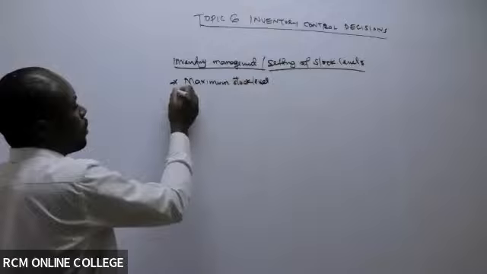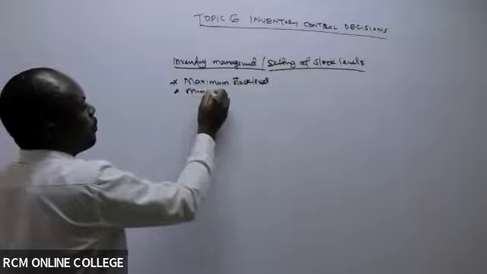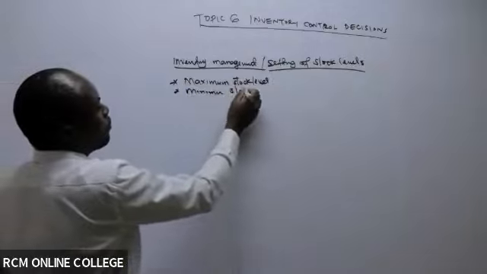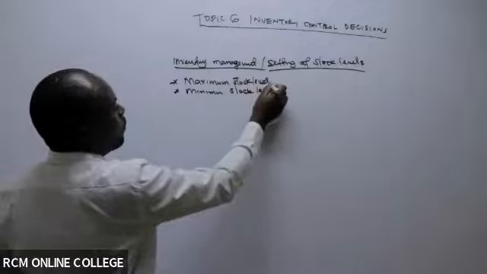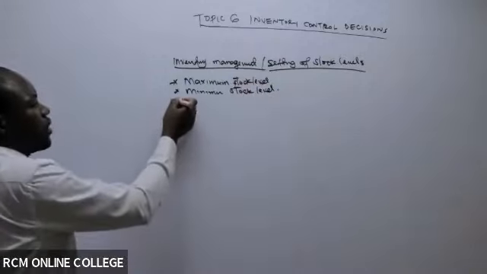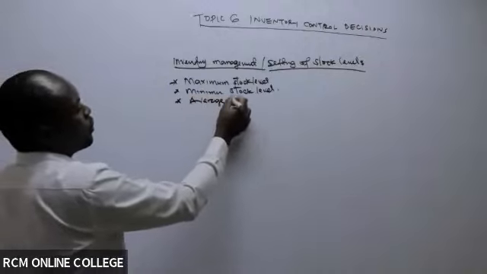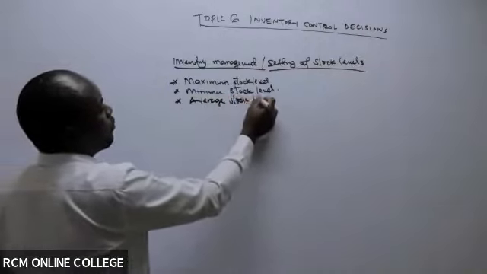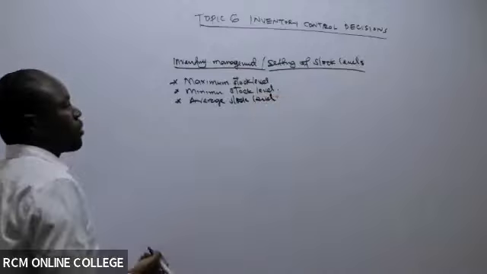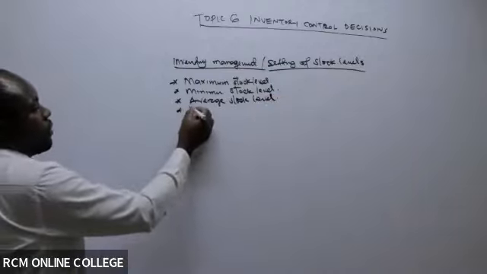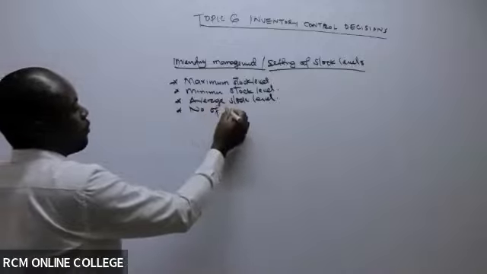You looked at something about minimum stock level. You looked at something with regards to average stock level, and of course we talk about number of orders.